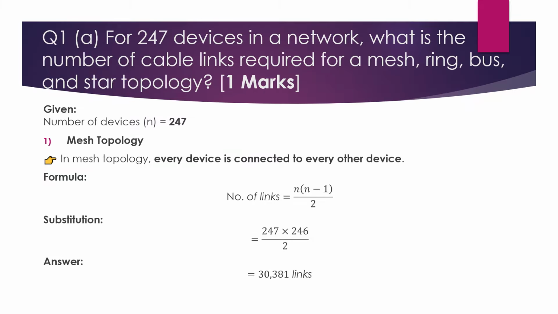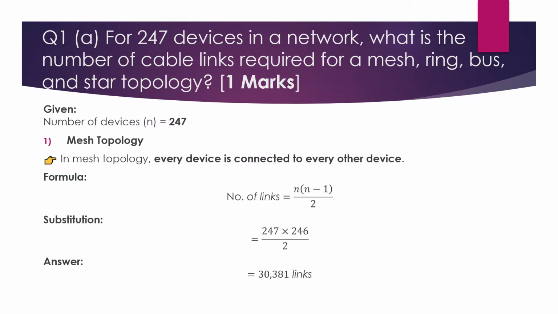Next, bus topology. In bus topology, all devices share a single backbone cable. So the number of links is equal to 1 cable link. Similarly for star topology, each device is connected to a central hub or switch.